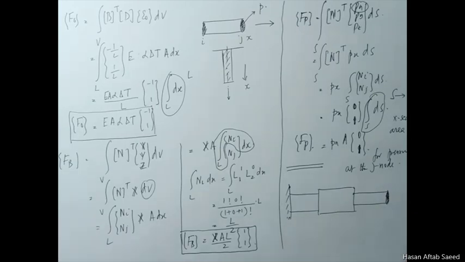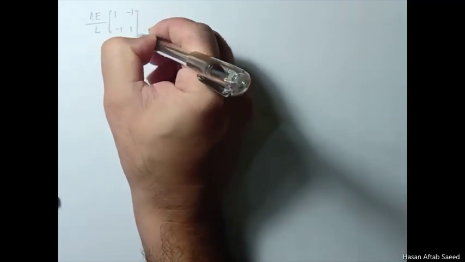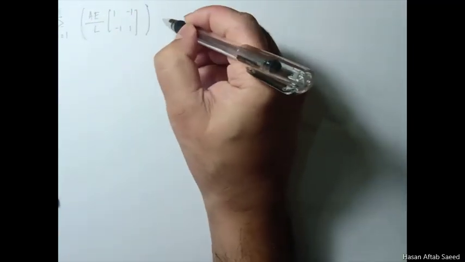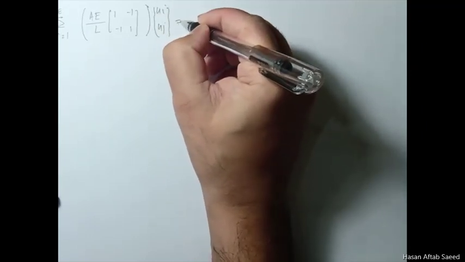So you have the expressions for all these. If I write them together in one place, for one element, using the expressions we have derived for all these matrices and vectors, we'll get something like AE over L. This is the K matrix, you can recognize this now, and this is some summation from first, this is for one element and this is for the whole system, and then you have UI UJ for 1D problems simplex.